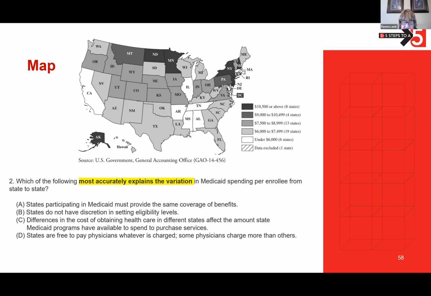Or is it states are free to pay physicians whatever they want to charge? Think about what you know about the economies of different states in the United States. Are all states economically on the same level? Okay, and you pick C, which is correct.